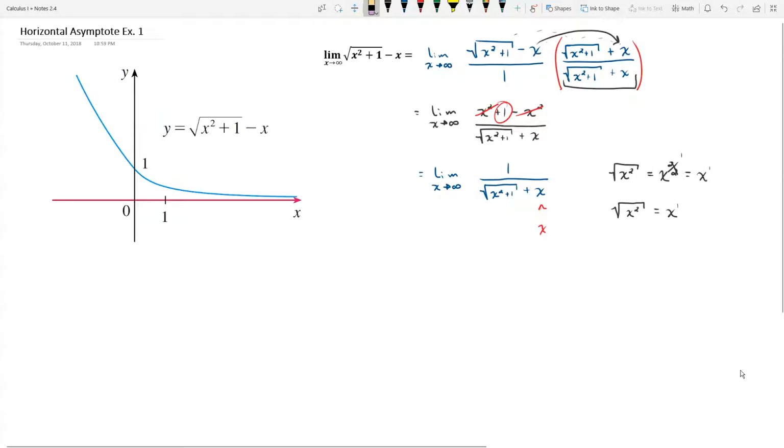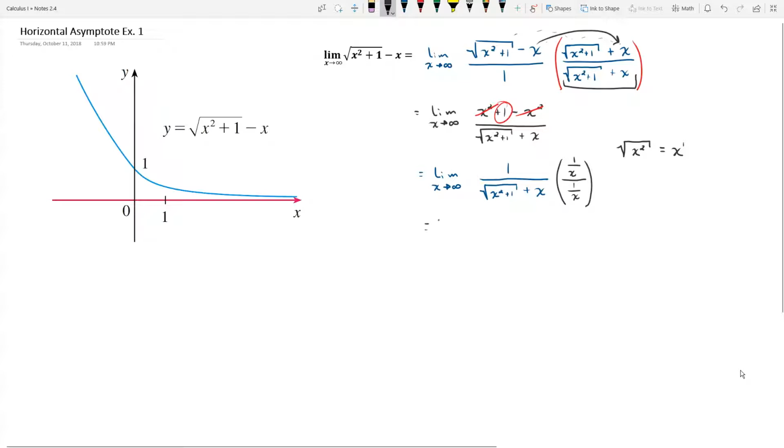So let's go ahead and divide the numerator and denominator by that highest power variable of just x to the first. So we're going to multiply the top and the bottom by 1 over x, or 1 divided by x.